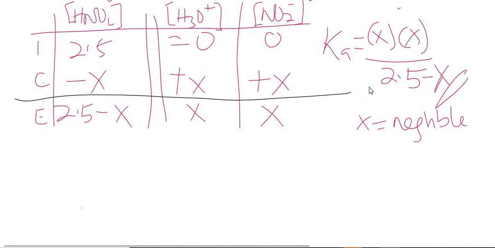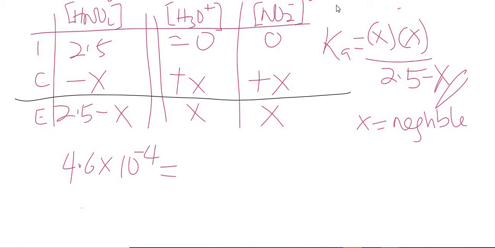So we say that our Ka, which has been given as 4.6 times 10 to the negative 4, is equal to x squared over 2.5.